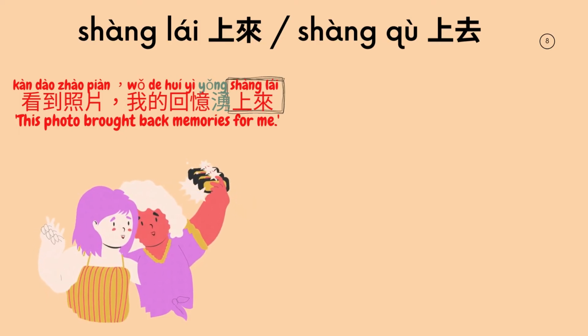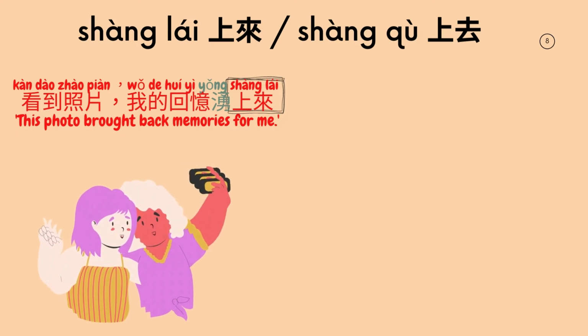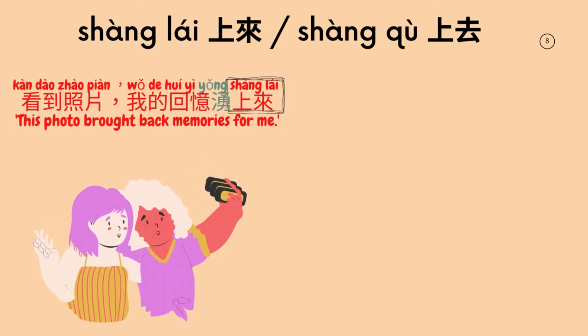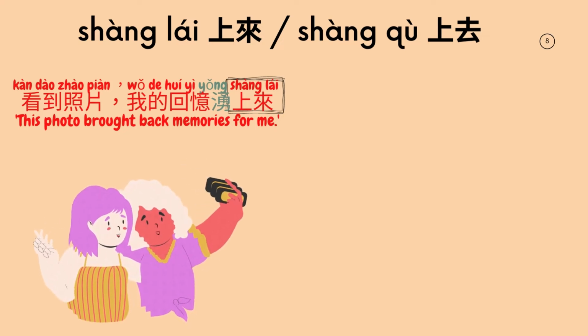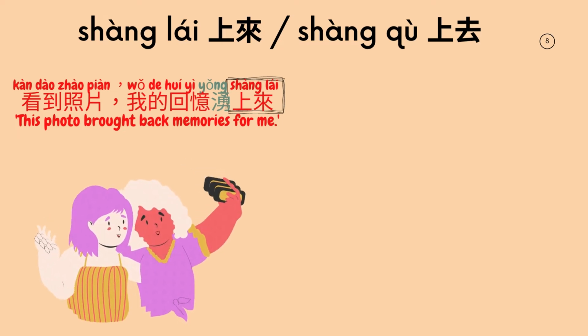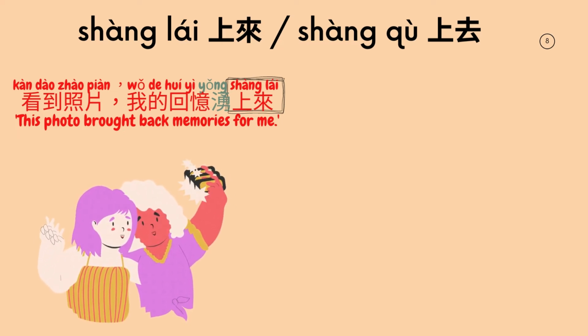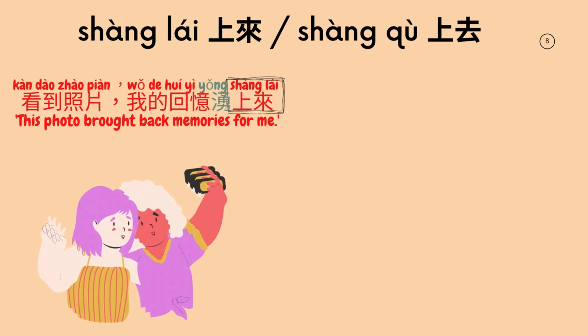All verbs preceding a compound direction complement in example sentences will be highlighted in green. The character that comes before the compound direction complement 上来 is 涌. 涌 is a verb that means to surge or rise. And when combined with the compound direction complement 上来, it means to be brought back.